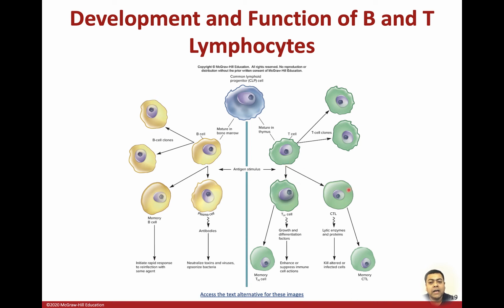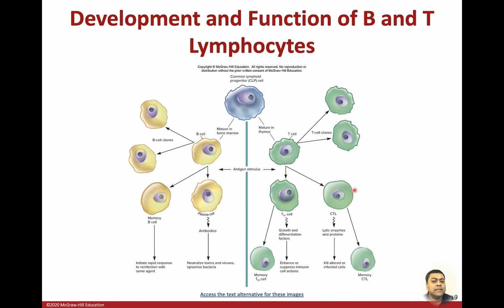On the other hand, another type of T cells differentiates into the cytotoxic T cells, CTLs, and they have CD8 on their surface. Upon antigen stimulus, these will again release lytic enzymes and proteins which will kill the altered or infected cells. Altered cell means, think about a cancer cell which can have a particular antigen on its surface or a protein which mutated and is in a different form.